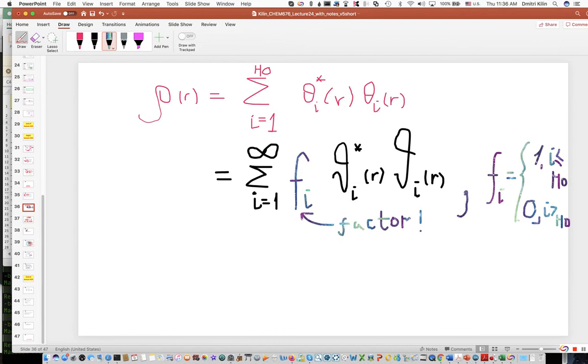And if we set up a little figure with f sub i on the y-axis, and we put i on the x-axis, 0, 1, then up to HOMO, the values of this f factor will be equal to 1, or it can be 2 if we have no spin.